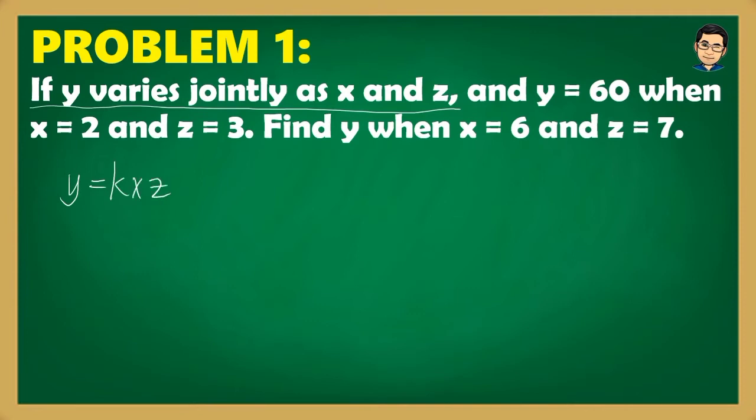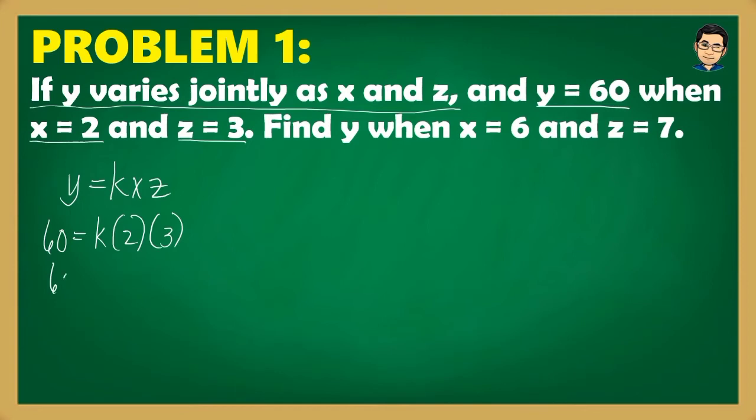And then, y is equal to 60 when x is equal to 2 and z equals 3, isa-substitute lang natin dito sa y is equal to kxz in order for us to determine the value of k, the constant of variation. So, 60 is equal to k times the value of x, that is 2, times the value of z, that is 3.